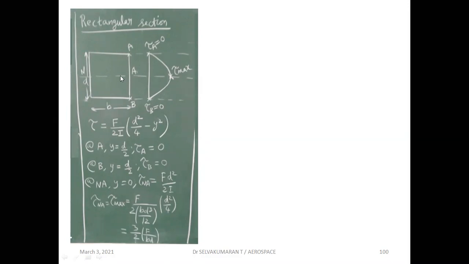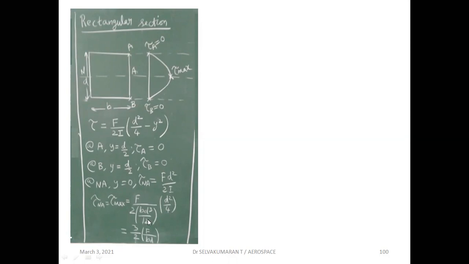So at the neutral axis where y is 0, you get F d square by 8I. Here by mistake I wrote 2I, it's 8I. So F by 2I into d square by 4.